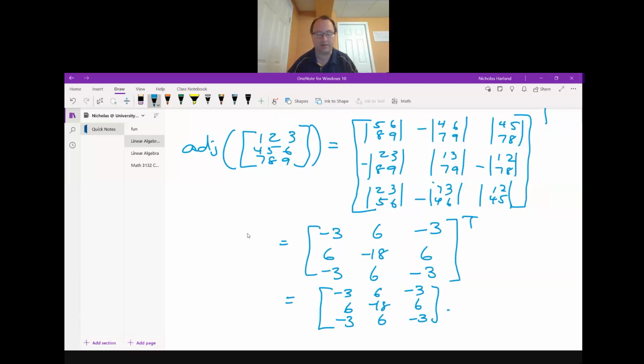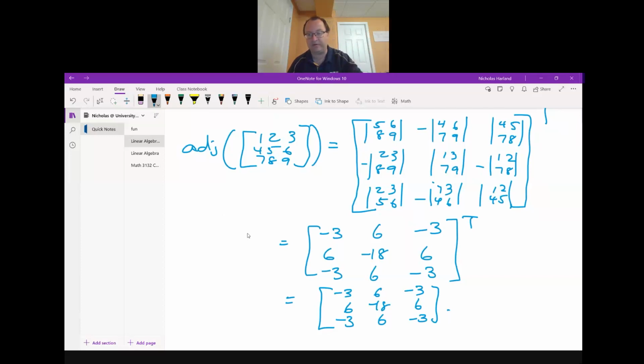And if you're dealing with numbers, not a big deal. 3 by 3s, 4 by 4s, it's really not that bad. If you're dealing with functions or other things inside, it can get really nasty trying to work with them all at the same time. The nice thing about the adjoint method is that we can solve for specific entries in the inverse without having to find all of them.